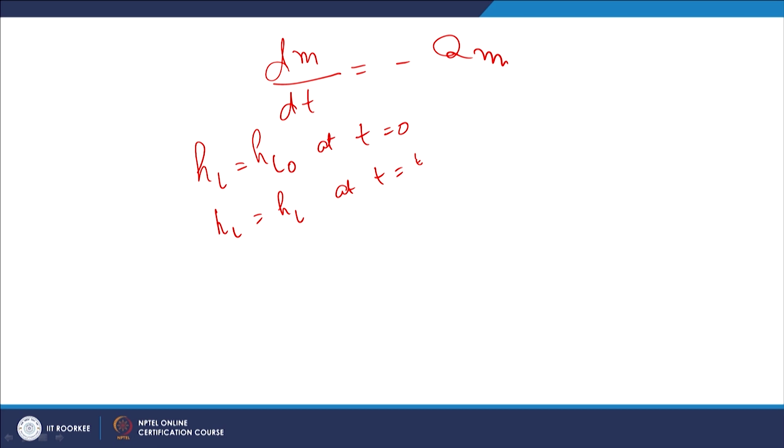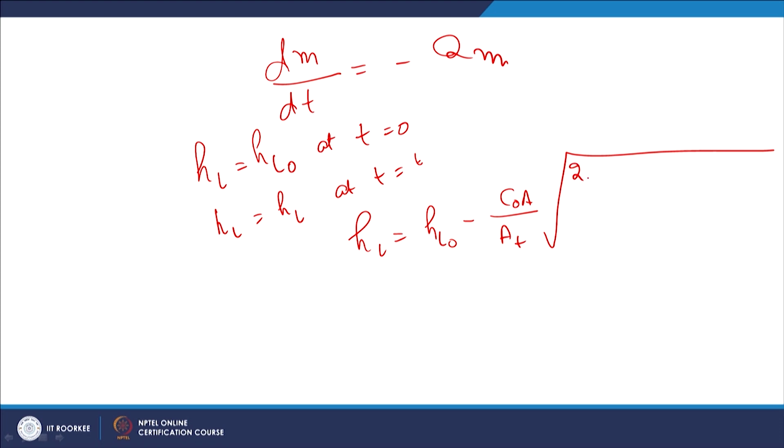So we can find out the liquid height level in the tank. So HL is equal to HL naught minus C naught A upon AT times the square root of 2 Gc Pg upon rho plus 2 G HL naught, T plus G by 2 times (C naught A upon AT) T, the whole square.